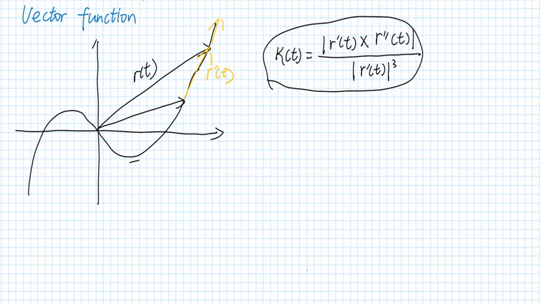This variable is the derivative of r'(t), or the second derivative of r(t), that is r''(t). r''(t) is the vector that makes r'(t) rotate.